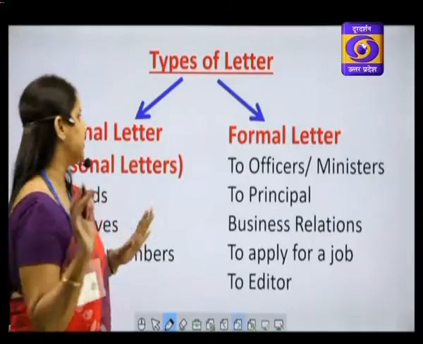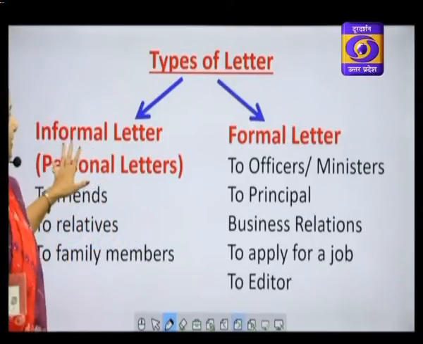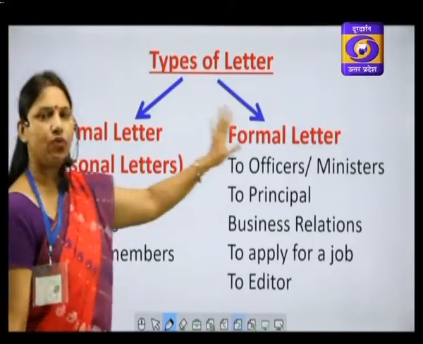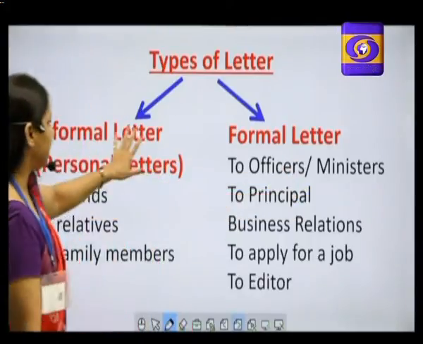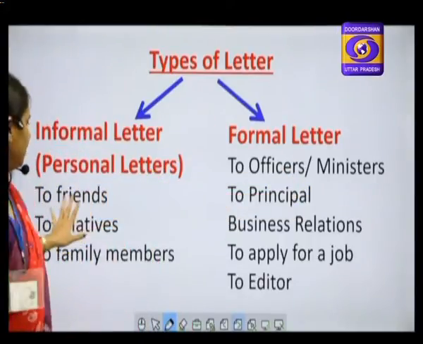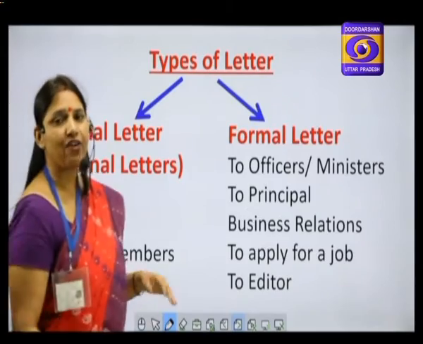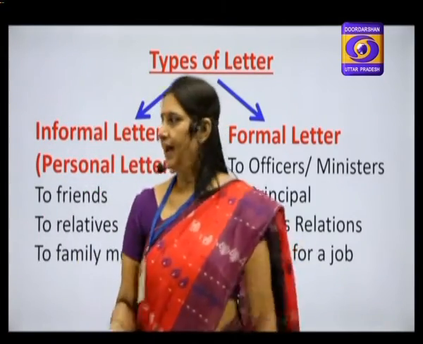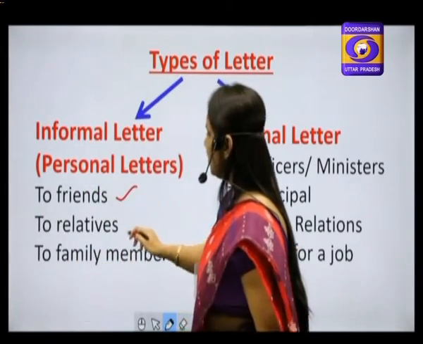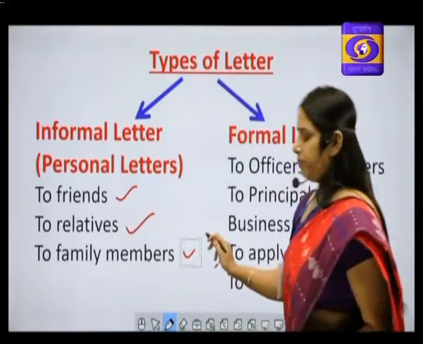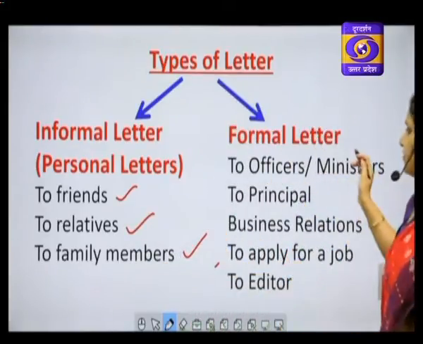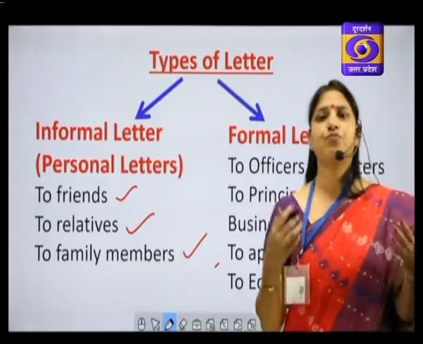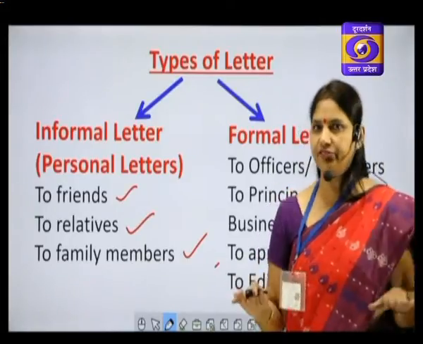Now, types of letters. How many types of letters are there? There are 2 types of letters: informal letters and formal letters. Informal letters are also called personal letters because they are written to people who have personal relations with us, like our friends, relatives, or family members. And formal letters are written to people with whom we have a formal relationship, not a personal relationship.